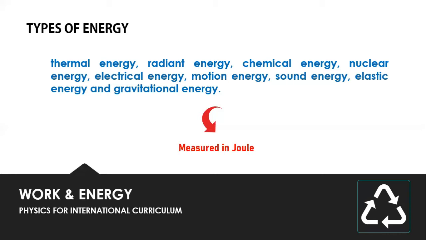Okay, students, we go to the next topic about energy. Students, we are going to talk about kinetic energy. Look at this object. This car moves to the right side.